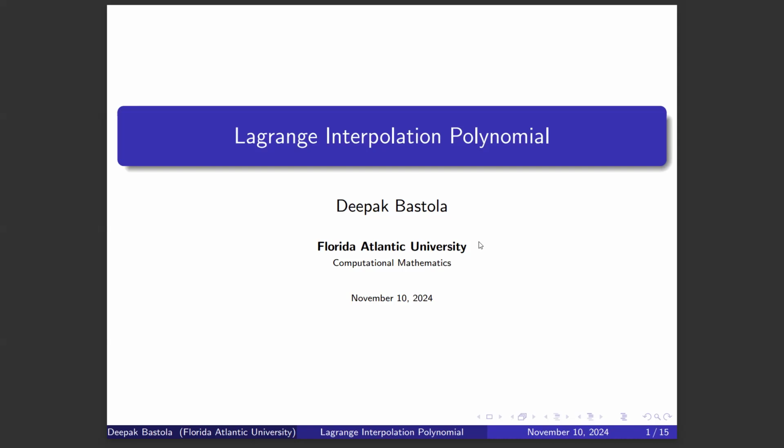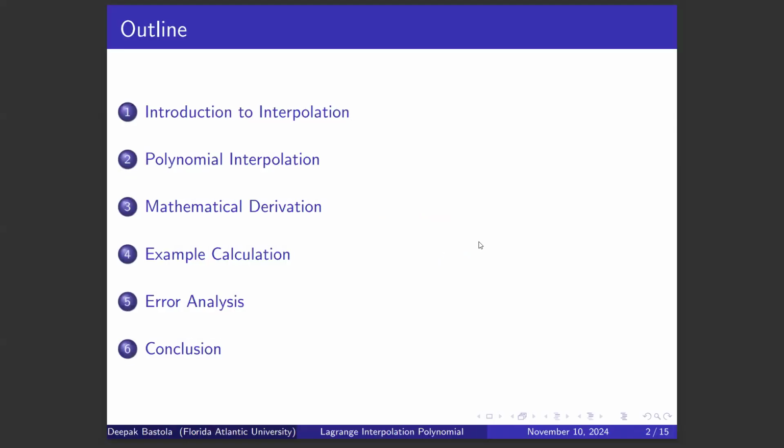So let me begin the content here. Today I will be talking on these areas. Firstly, I will introduce what interpolation is, and then the topic today is mainly concerned with polynomial interpolation, so we will discuss it more. Then the mathematical derivation of polynomial interpolation, specifically the Lagrange polynomial interpolation.